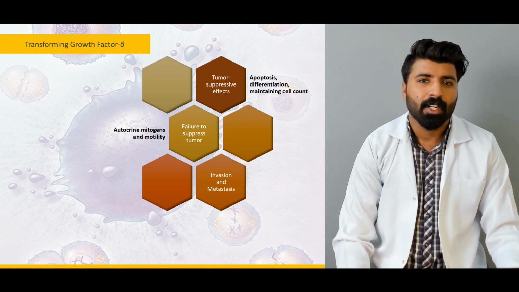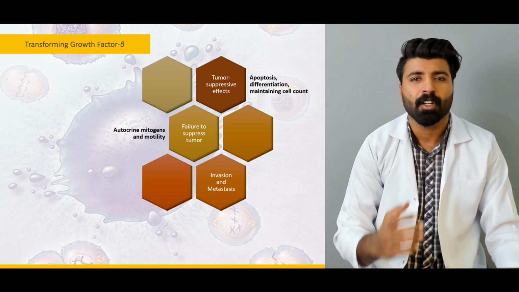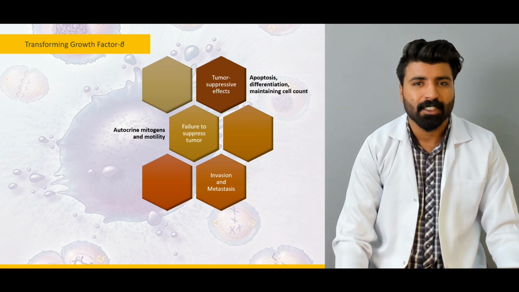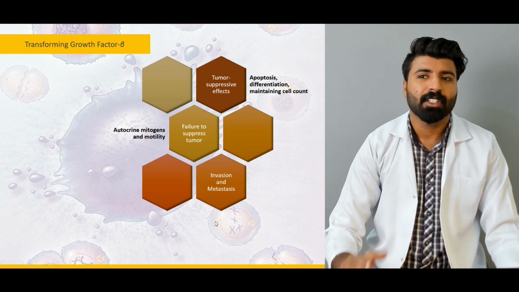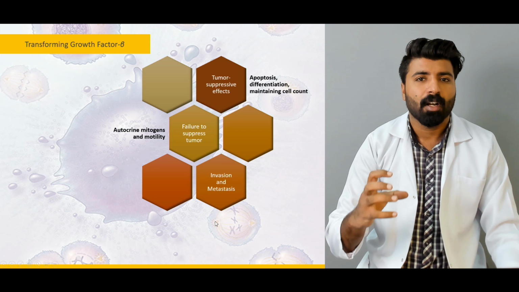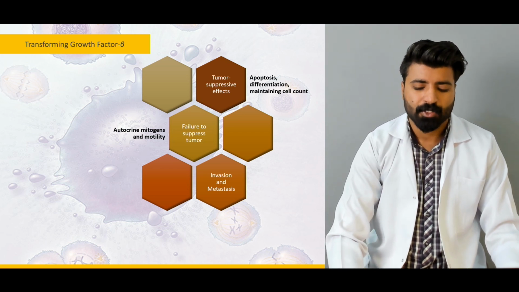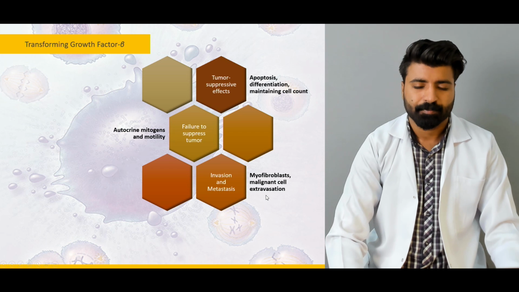When blood is involved, its cancerous cells, its tumor cells can migrate through blood to other organs, to other organelles, or to other places inside the body. That's what metastasis means. In a metastatic patient, you see there's a distant secondary origin of the tumor. That's what it's called. So it contains of myofibroblasts, malignant cells, and extravasation.